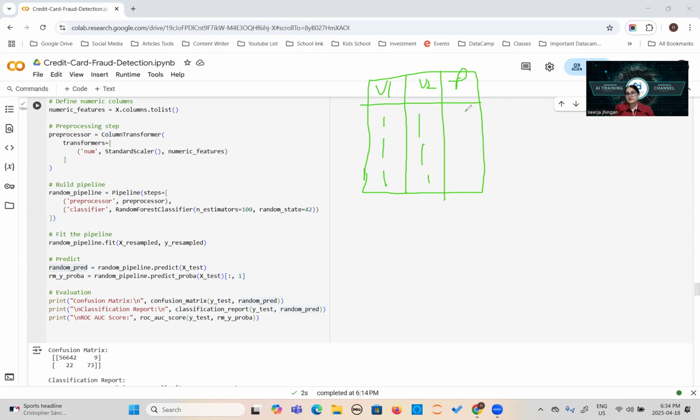What your model predicted, whether your model is saying this transaction is non-fraud, this transaction is fraud, this transaction is fraud. So this is called Y predict, predicted by your model. And now if you look at this proba, you might not have heard about it.